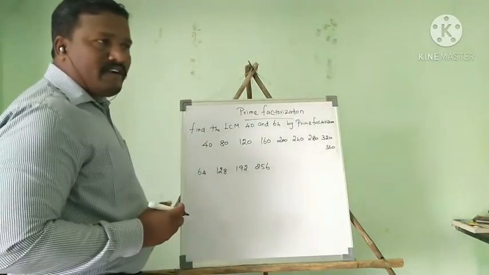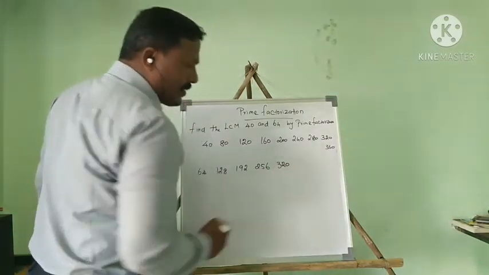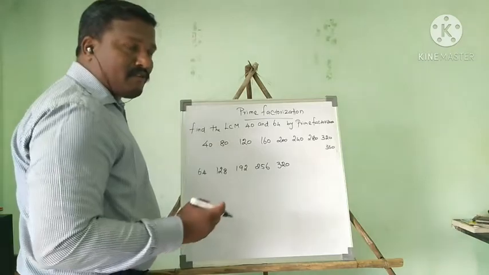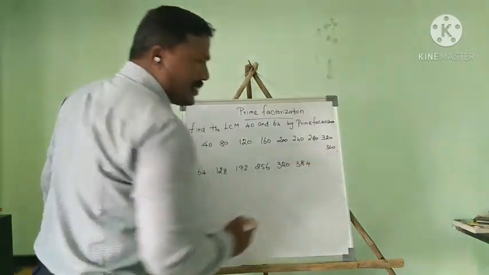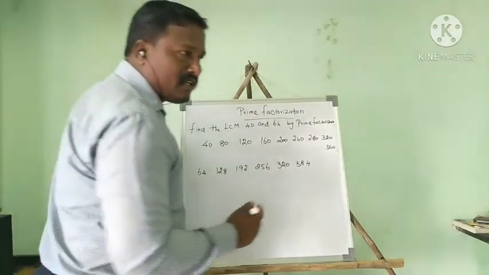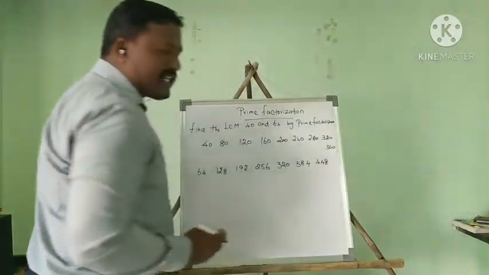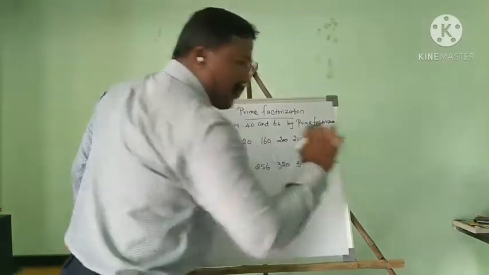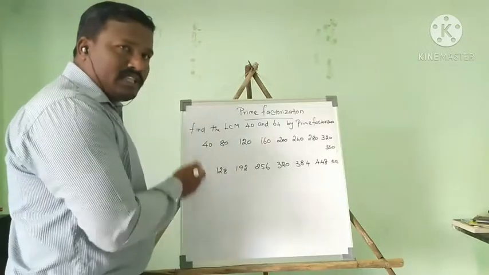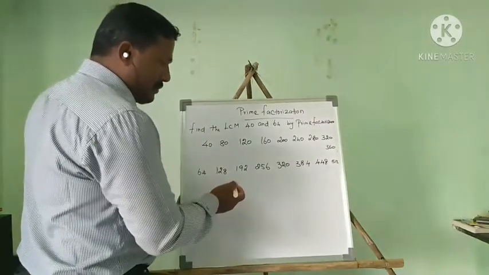Okay, 5 64, 320. 6 64, 384. 7 64, 448. 8 64, 512, and so on. Okay, if you know this, we can easily find out the LCM, least common multiple.